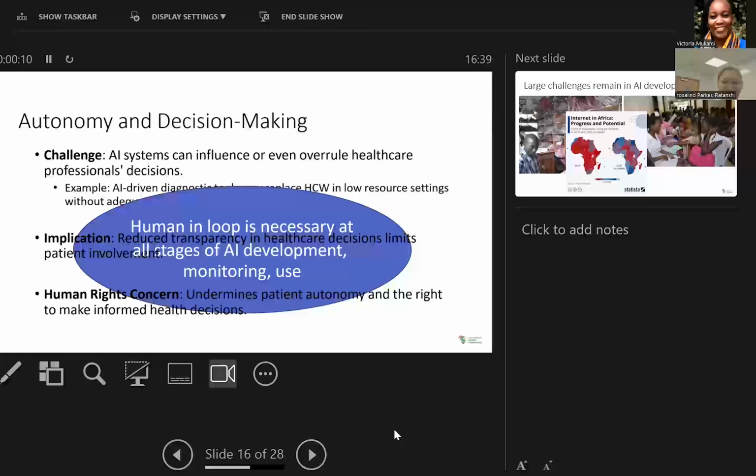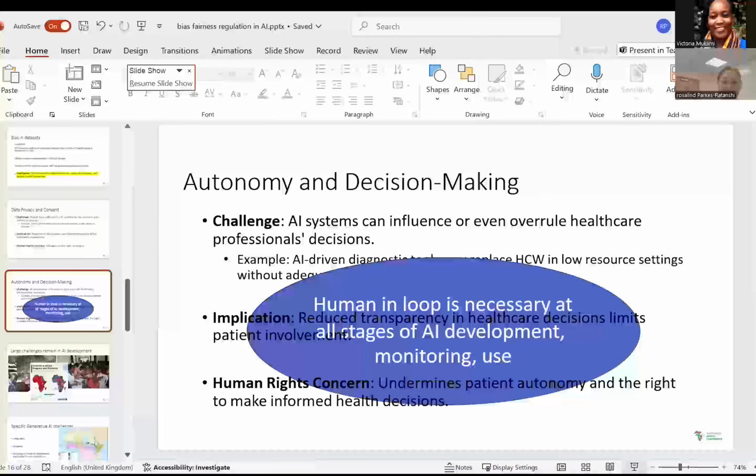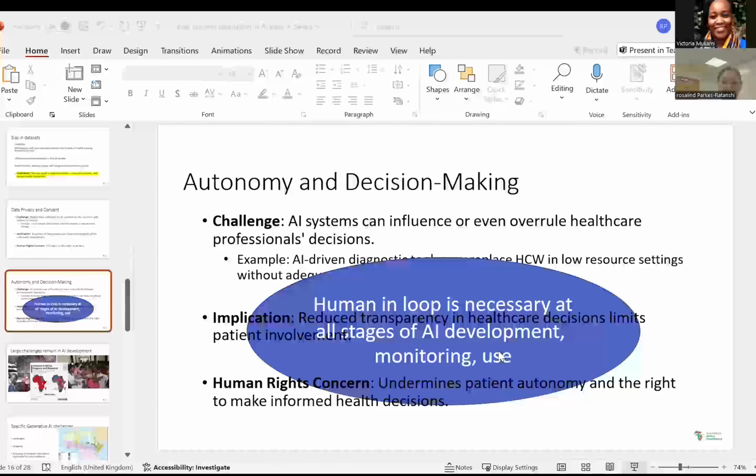Let's try going to slideshow and switching the monitors. No, that's our Mentimeter now.